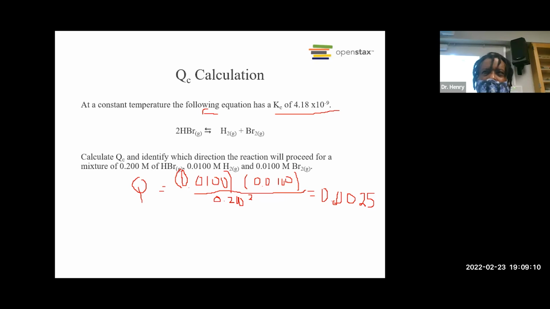Does that make sense? Right now we're more abundant on the products, so we're going to be moving to the reactants. In this case, the top arrow would be larger because it's pushing towards that, but that's only temporarily, right? Because we started out with more, so this rate is faster than this rate.